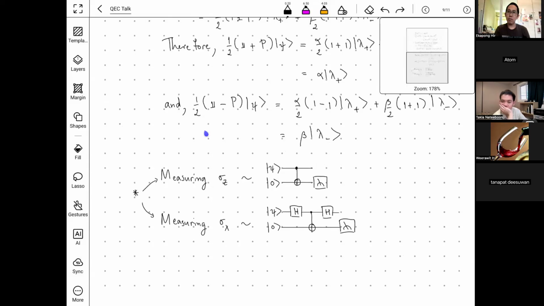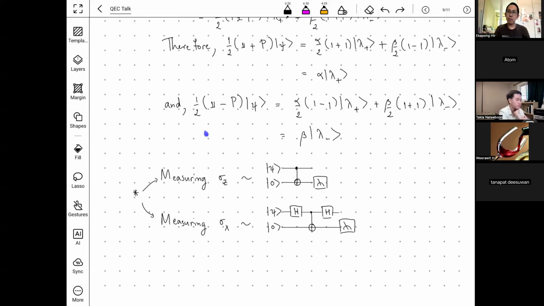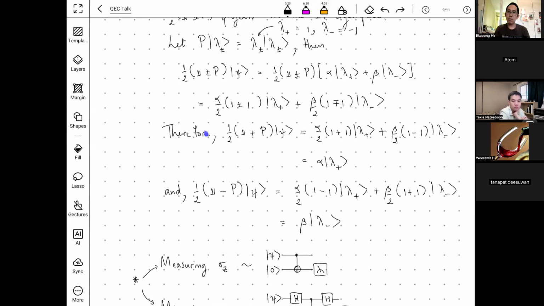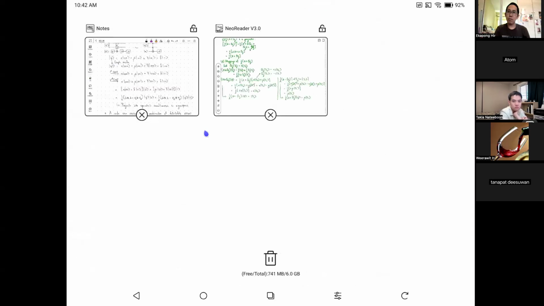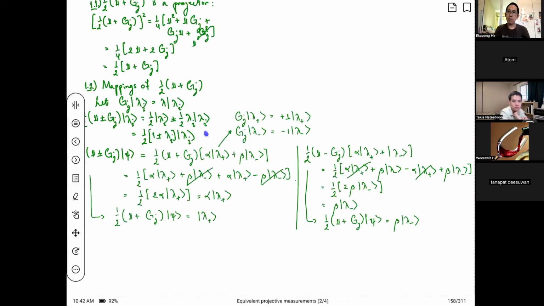So if you want to measure Pauli Z, you just use a simple CNOT gate and then measure the ancilla. If you want to measure Pauli X, you put the Hadamard, instead of on the zero ancilla state, directly on the psi state. So you also get the same result. I've actually written the proof, it's here.